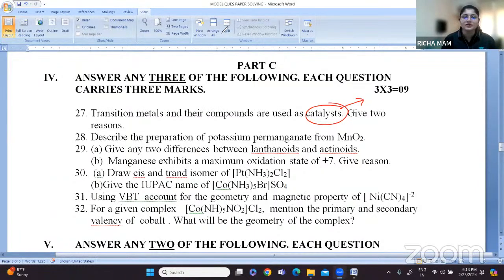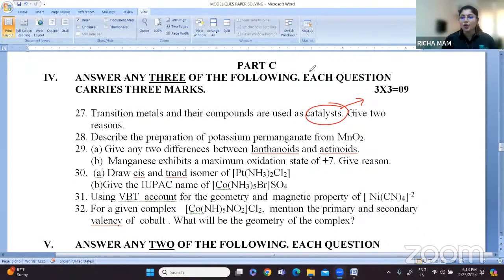So a catalyst will increase the rate of reaction. It will speed up the reaction. So what are the 2 reasons?